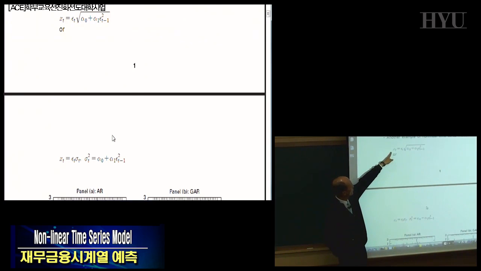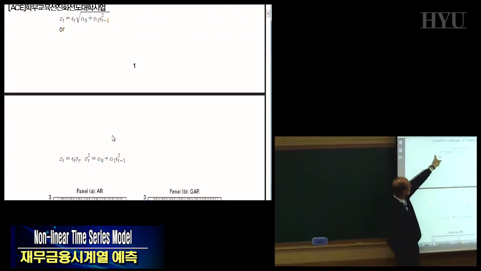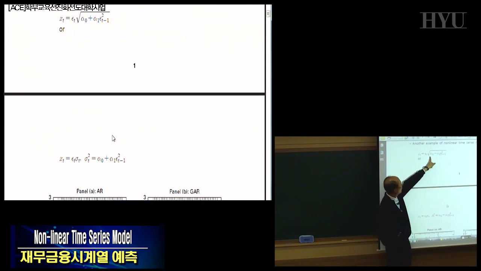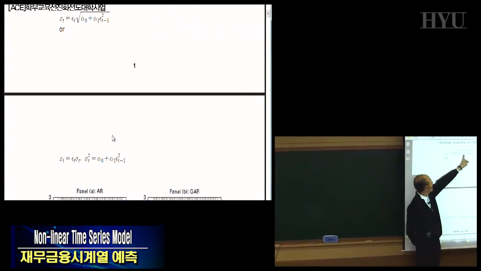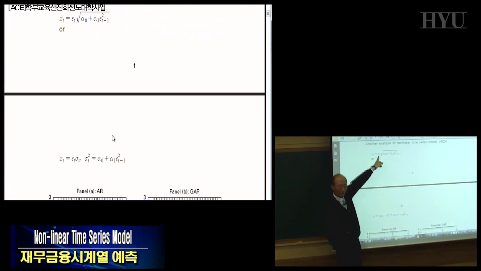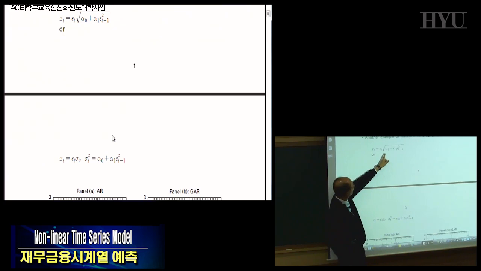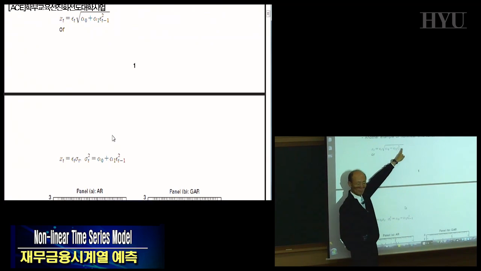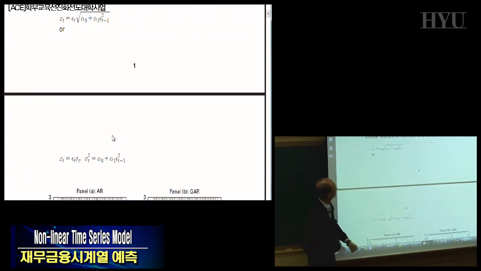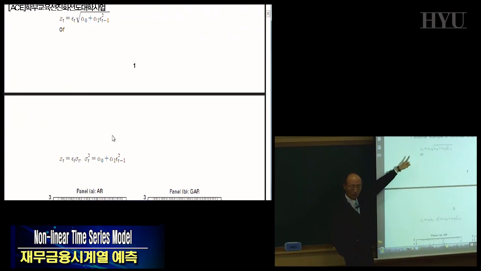So you can do the same calculation using this formula, taking expected value, all known at t. So the expected value of that is 0. The variance is, of course, this one raised to the power 2. Okay. So same expression.